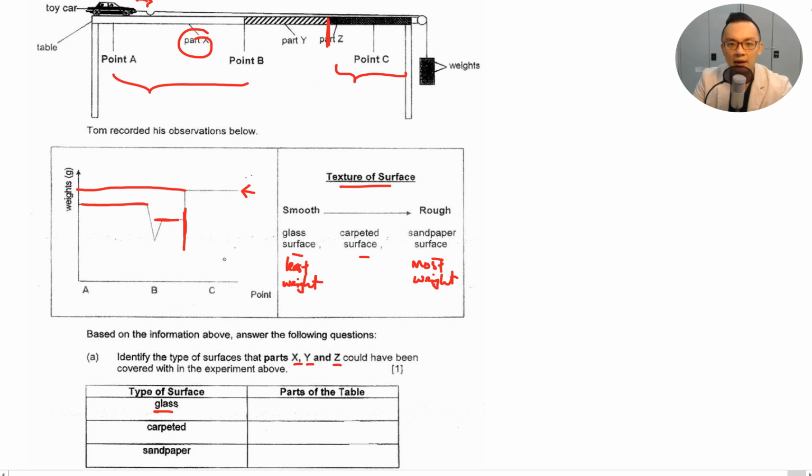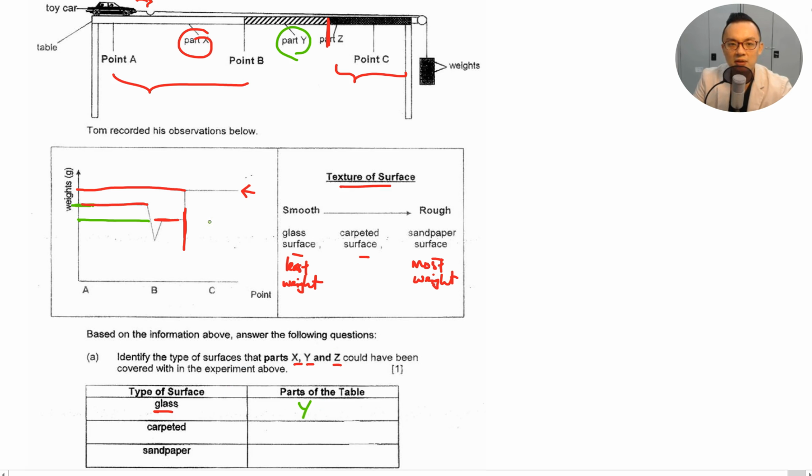So again, glass is the smoothest surface, so you need the least weight. Least weight is actually in between here, so it's actually part Y. So Y is the least weight that is needed, and then the one above the least weight, the one in the middle, is the carpeted surface.